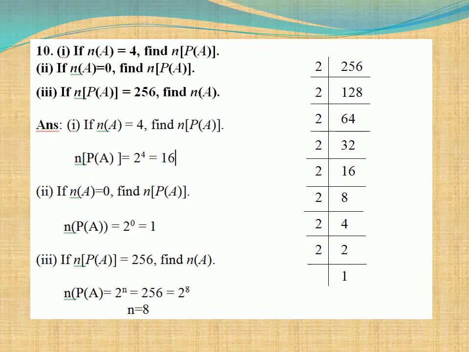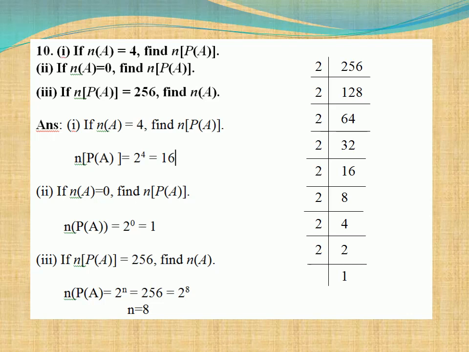Third subdivision: if n of P of A equals 256, find n of A. In the previous two subdivisions they gave n of A and you had to find n of P of A. But here n of P of A is given, you have to find n of A. So n of P of A is equal to 2 power n, which is equal to 256. Now you have to write 256 as a power of 2.